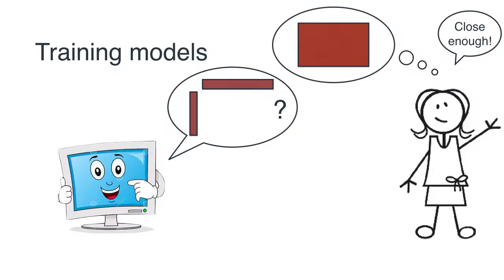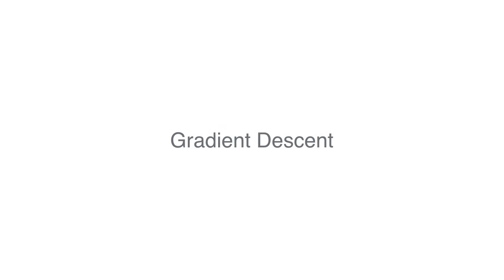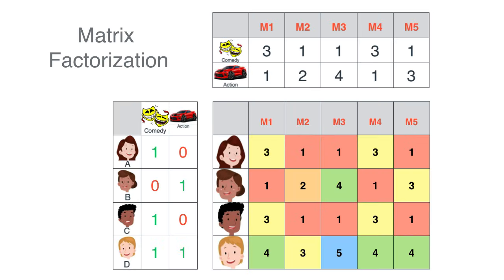I can be more specific here. What we're really doing is called gradient descent. And gradient descent is used widely in machine learning, and this is how it works. So this is the point where we want to get. Our matrix is in the middle, our target matrix, and the two factors are the one on the top and the one on the left. So the two matrices whose product is supposed to be the one in the middle.